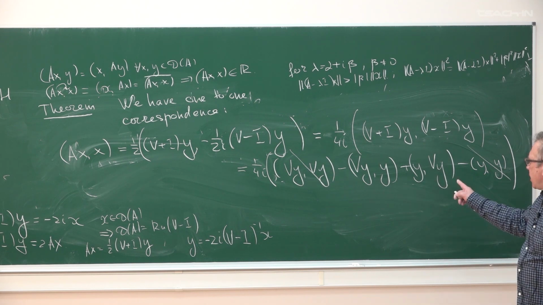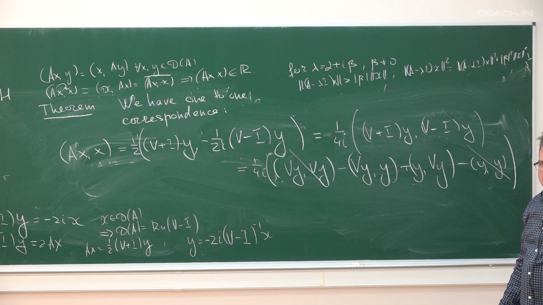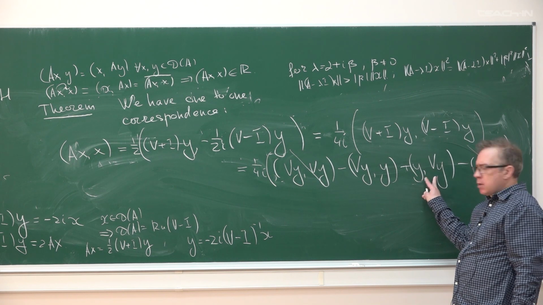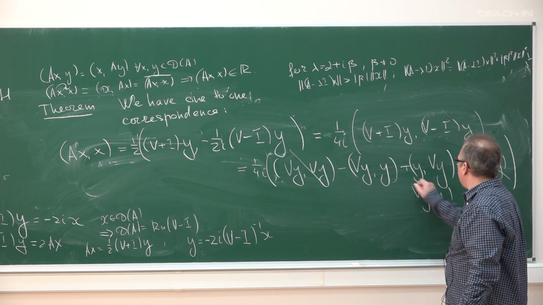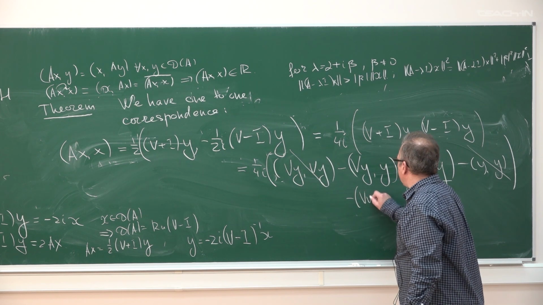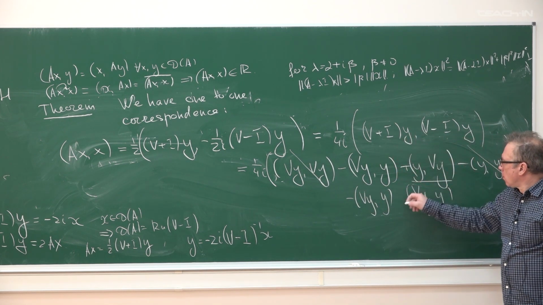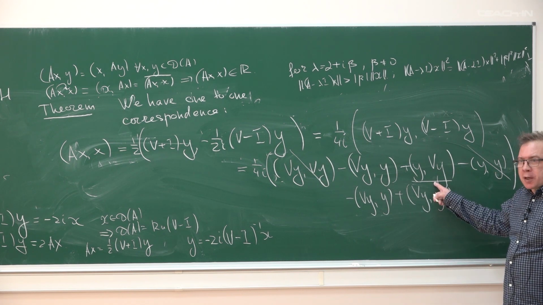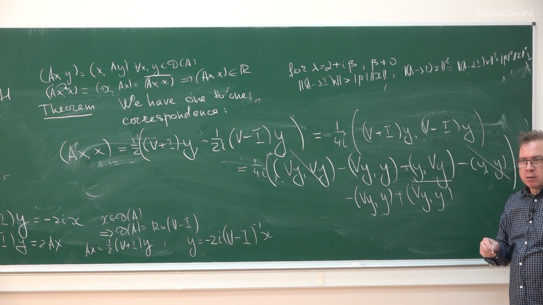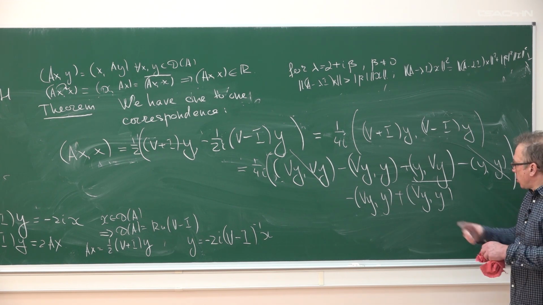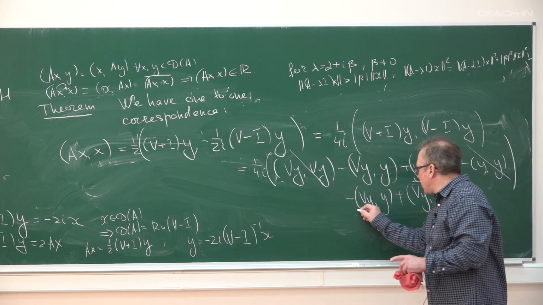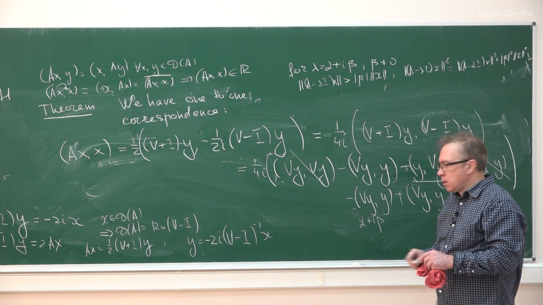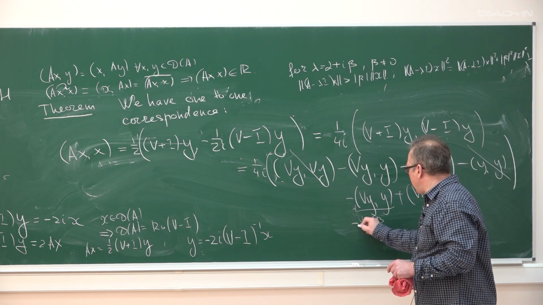What can you say about the second and the third? You can change the elements here, and you obtain that it is the conjugate number. V is not a symmetric operator, V is an isometry operator. But this is some complex number, for example, alpha plus i beta, with minus.